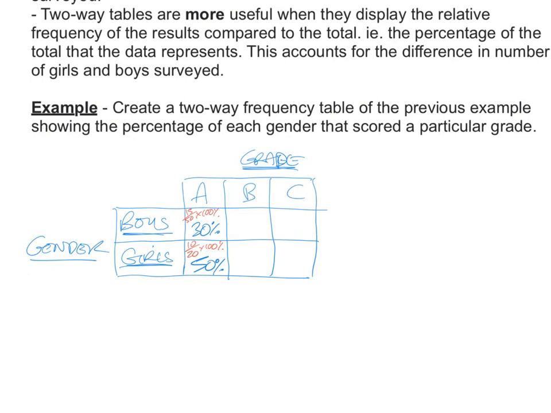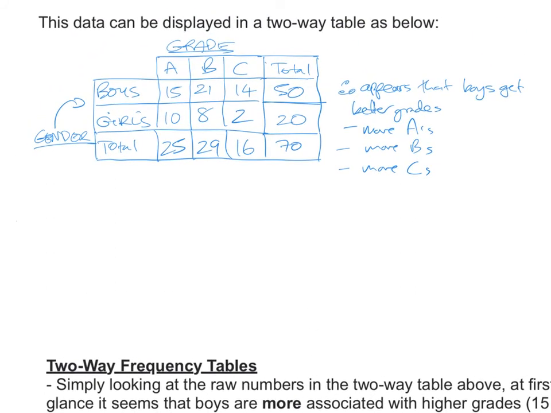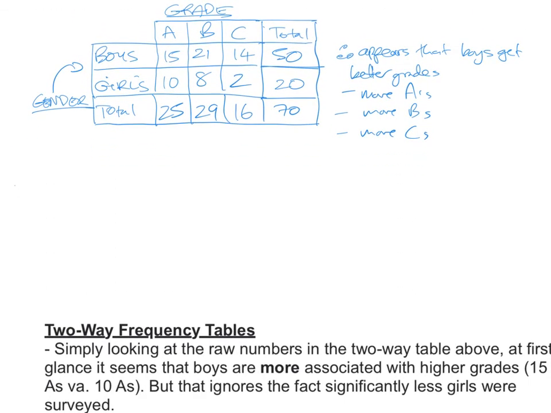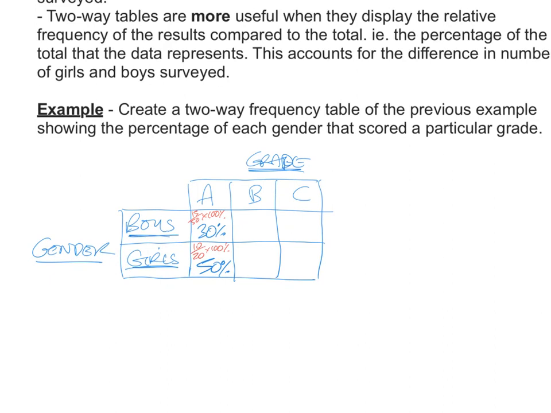So now we're going to repeat the process for all of the other grade levels. 21 boys out of 50 scored B's. 8 girls out of 20 scored B's. Red. 21 out of 50 times 100%. 8 out of 20 times 100%. Those come to 42% and 40%.